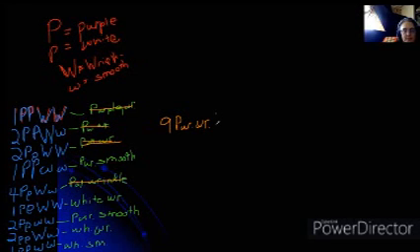Making my phenotypic ratio. Okay, the next one on the list is purple smooth. I have one of those and one of those down here. So I'm going to cross that off. 1 and 2 is 3. I don't see any others. Then I have white wrinkled.